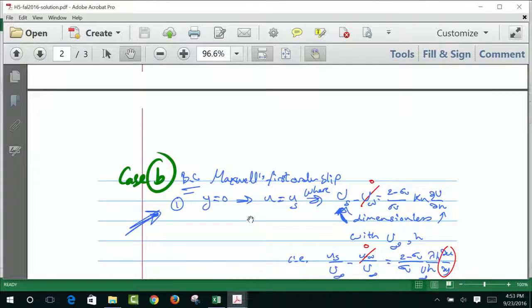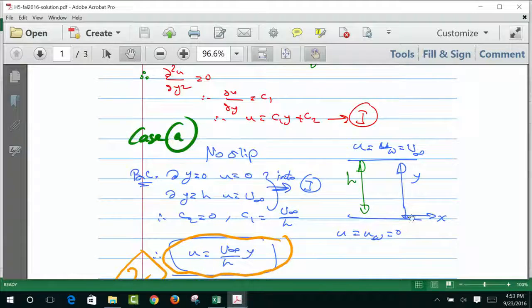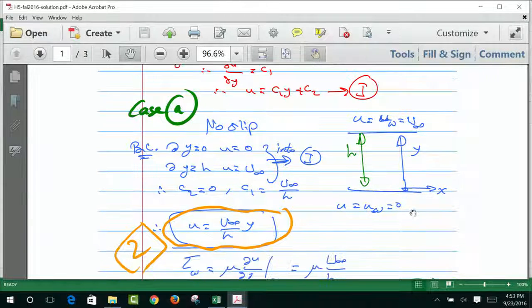So how come he suddenly remembered there is slip? Well, maybe because H is now smaller. Like he solved this problem when H was 1 centimeter, and so it wouldn't slip. But if H now becomes 10 micron, because this is a very small gap between two moving parts, then there is a slip effect, because the Knudsen number, lambda over L, where L would be H, the gap distance, is not 0.00001.